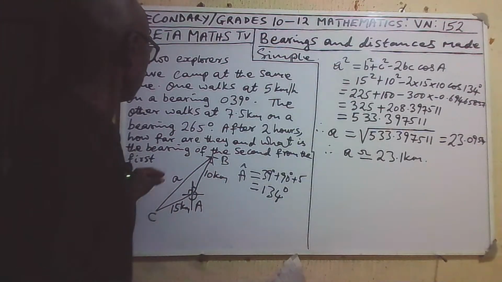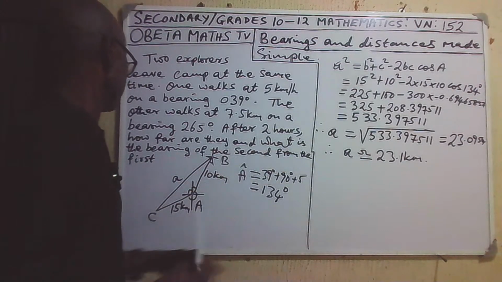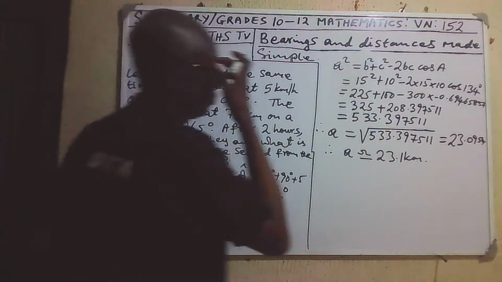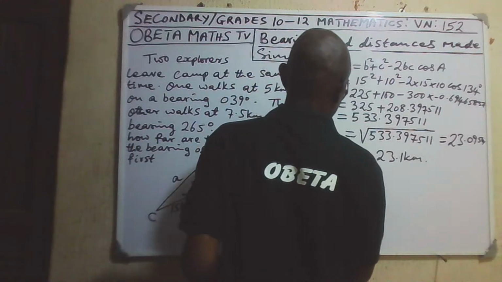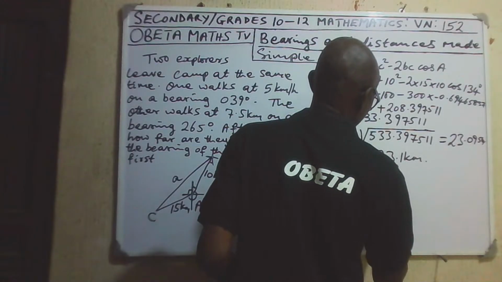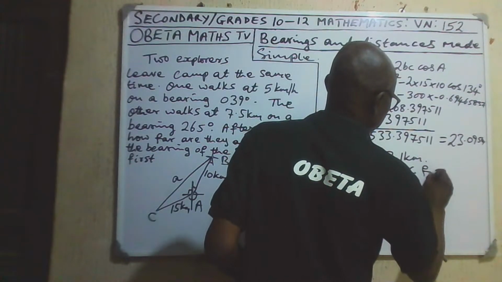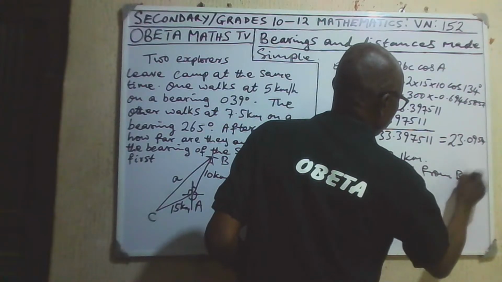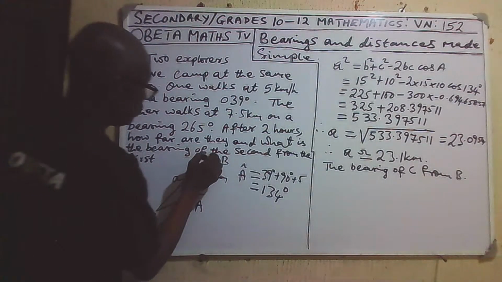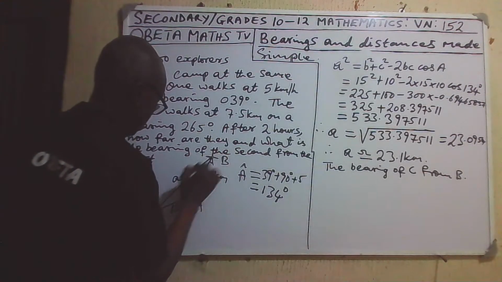Now the next question is, what is the bearing of the second from the first? That's the bearing of C from B. The bearing of C from B, again, we start from the north and go round.